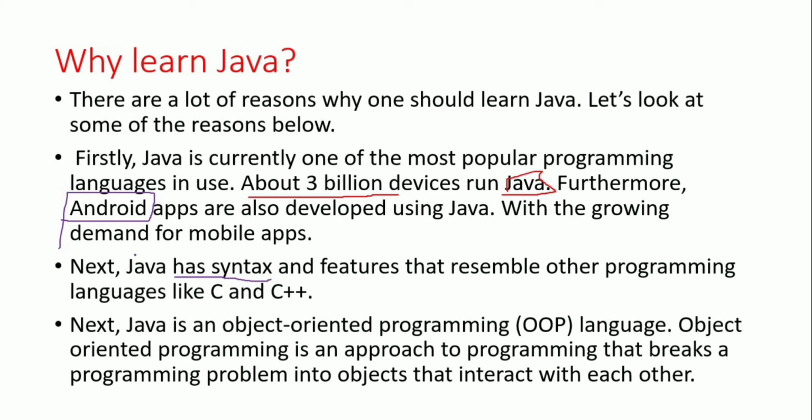In order to avoid making mistakes, we have to divide the large program into objects. These objects will easily interact with each other and perform a specific task without making errors. We will discuss object-oriented programming in more detail in the next lectures.